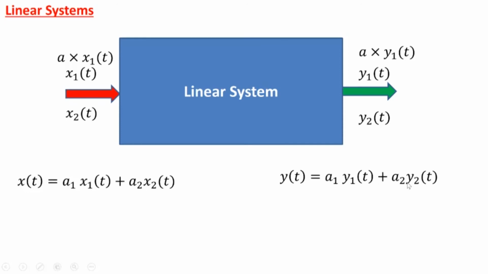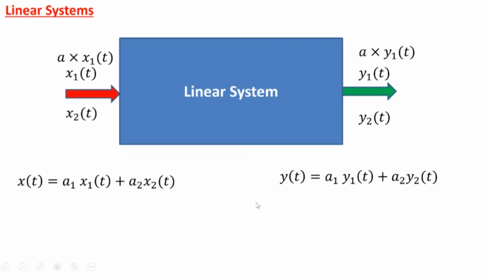That's the property of a linear system. It obeys superposition. If the signal is a superposition of two signals and you know the response due to each, you can easily compute the response due to the composite signal, a1 y1 plus a2 y2. So a linear system obeys the superposition principle.